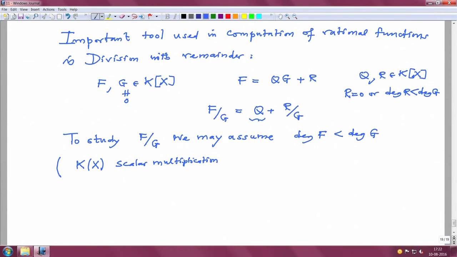So this field is a K vector space and also a commutative ring, and these structures are compatible. So the K rational function field is also a K algebra.